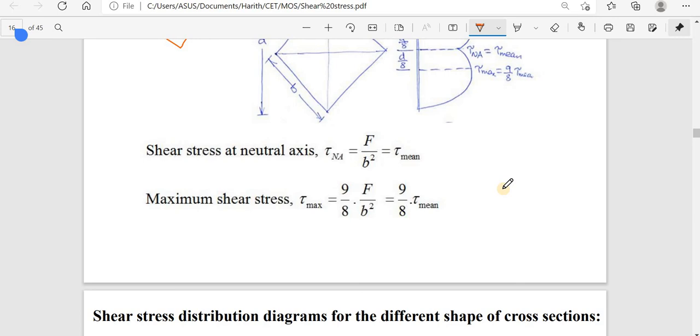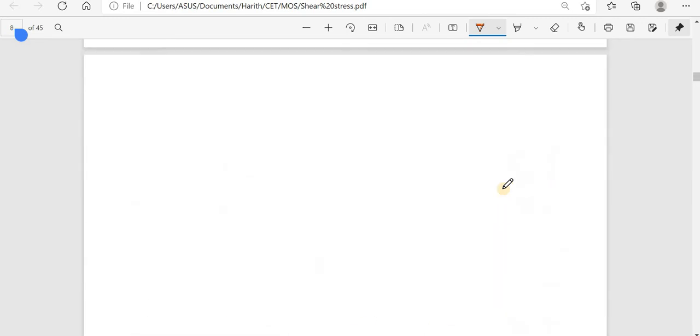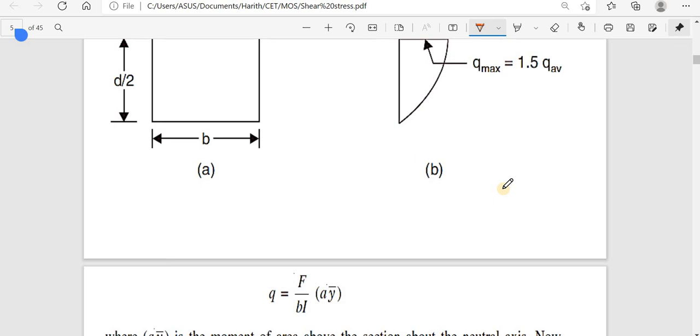Next class we will be studying that. Today we have studied how to find the bending moment, then how to use the bending stress equation, M by I is equal to f by y is equal to E by R, to find various stresses using the pure bending equation.